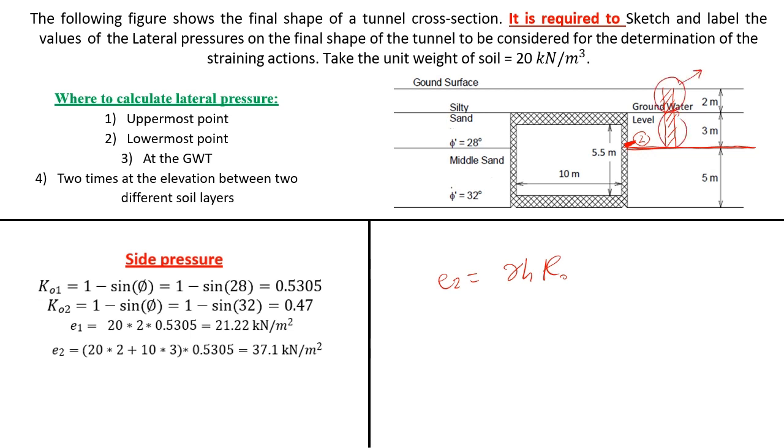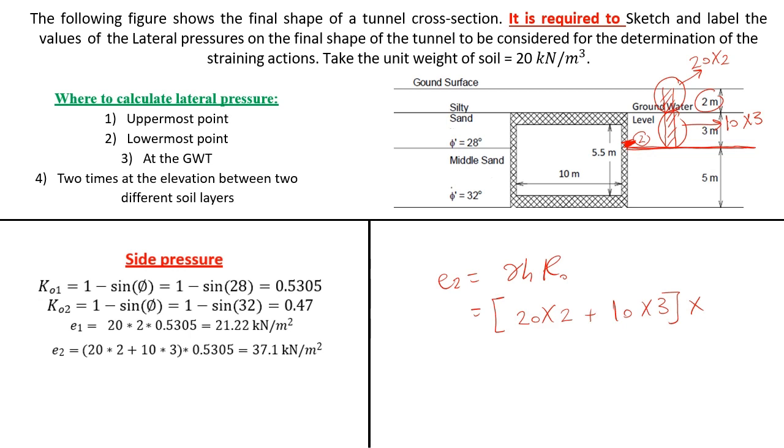The upper part will be gamma saturated, 20 by 2 meters. However, below the groundwater table, you will use the gamma submerged. So instead of 20, we'll use 10, which is gamma submerged of the soil, by 3 meters. So gamma H here will be 20 by 2 plus 10 by 3. And then K0, which is the coefficient of the upper soil layer.